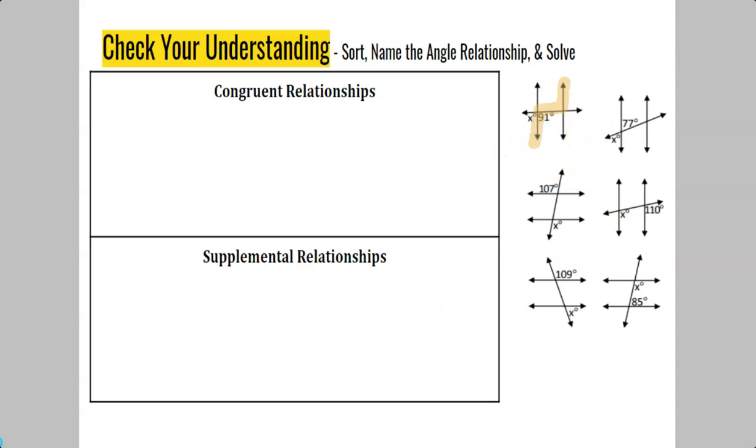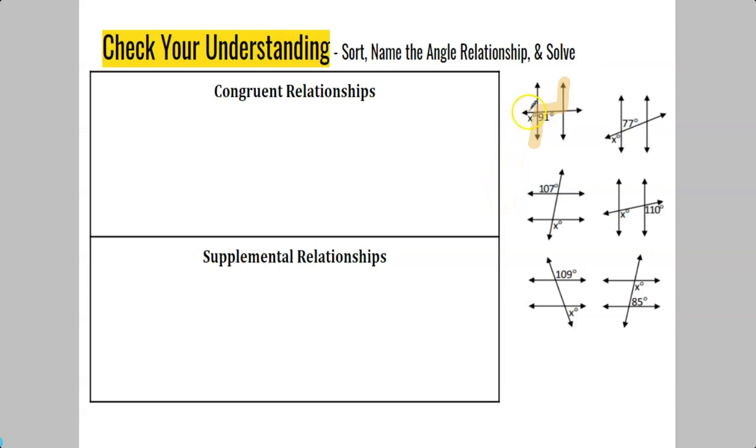So notice that these two angles, one's on the inside and one's on the outside of the Z. So it can't be alternate interior and it can't be alternate exterior or even same side interior, same side exterior. That won't work. So if we think back to our angle relationships, it could either be a vertical or maybe a linear.